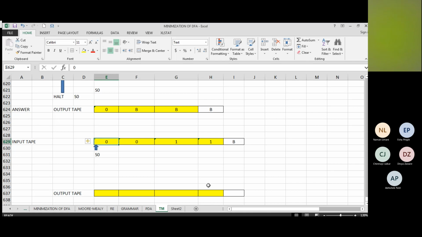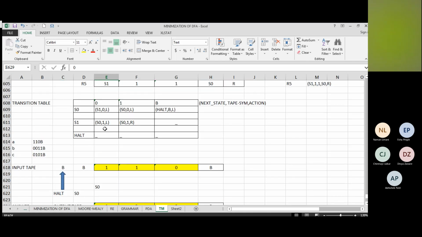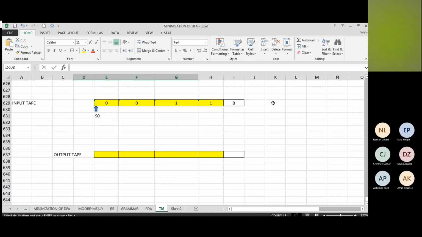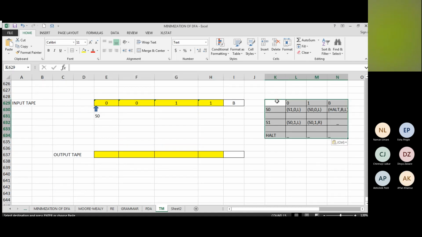S0 when processing 0, let us copy this to avoid scrolling up and down every time. So S0 when processing 0 reflects 0 as it is. Moving to left, it's in S1.